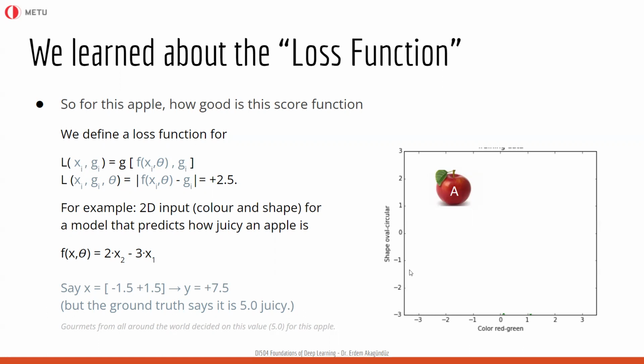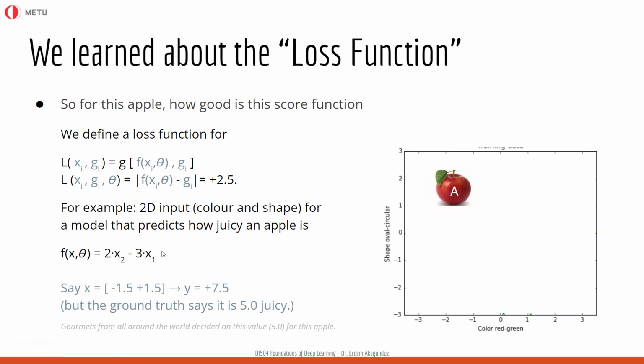So I've defined the shape of the apple and pears in a one-dimensional shape vector of ovalness to circleness. So the negative value meant more oval, the positive value meant more circular, and the values bounded between -3 and +3.